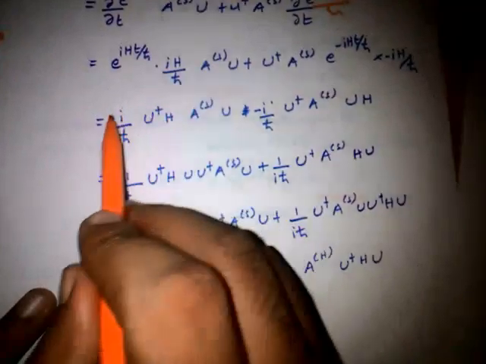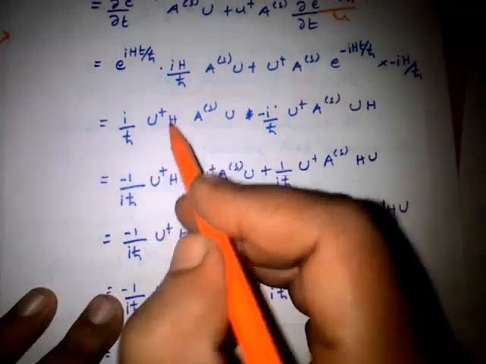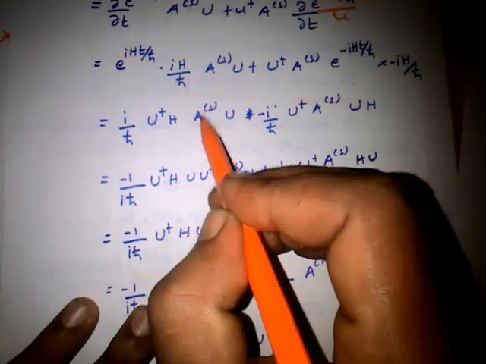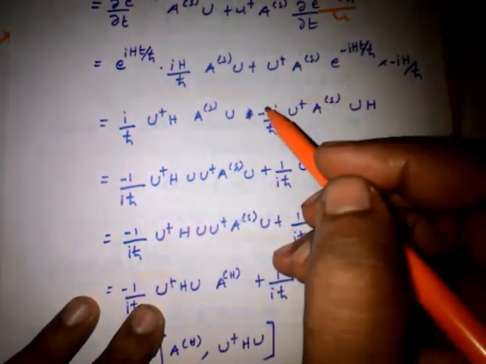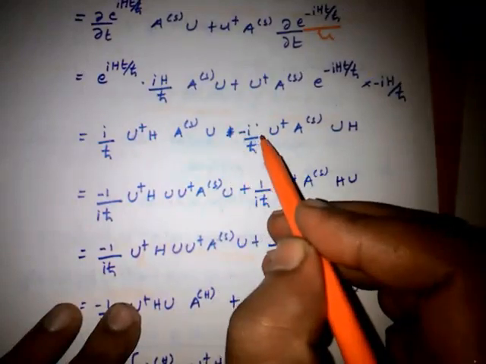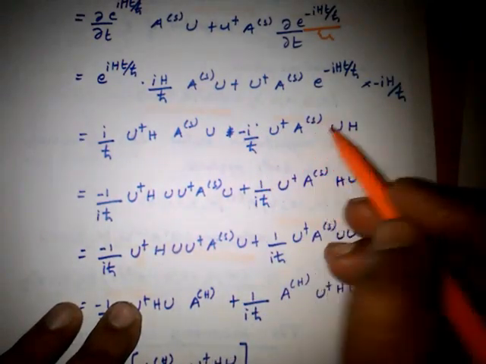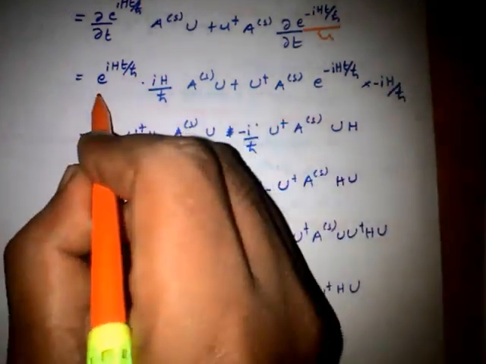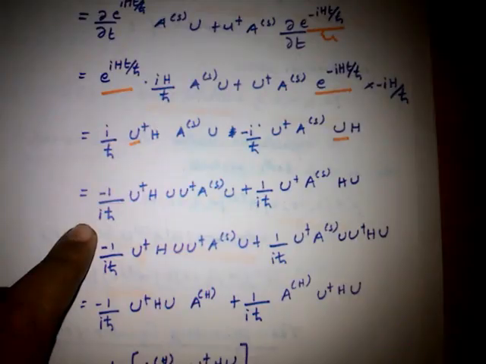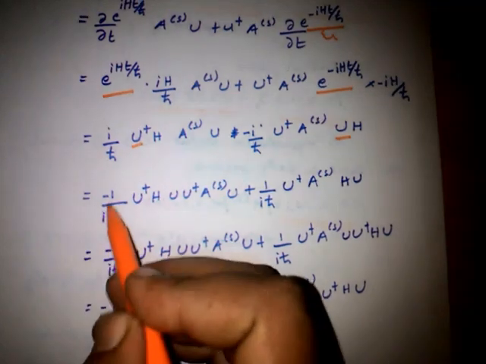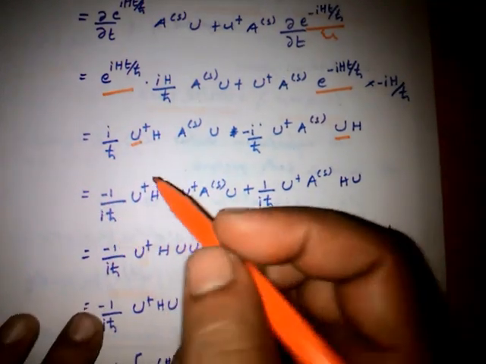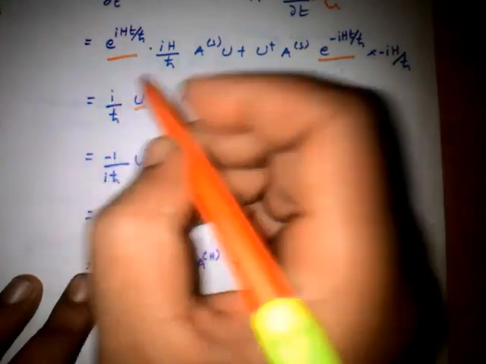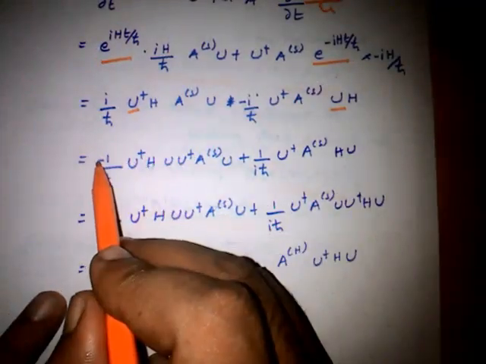I can write this as i over h cross U dagger H A_S U minus i over h cross U dagger A_S U H.